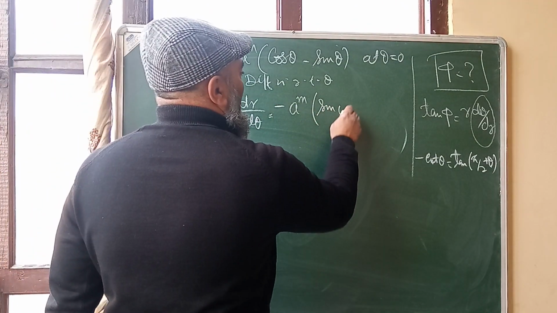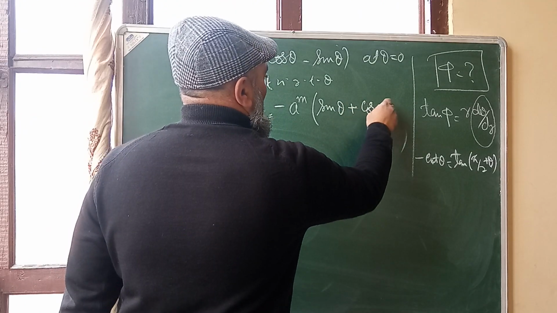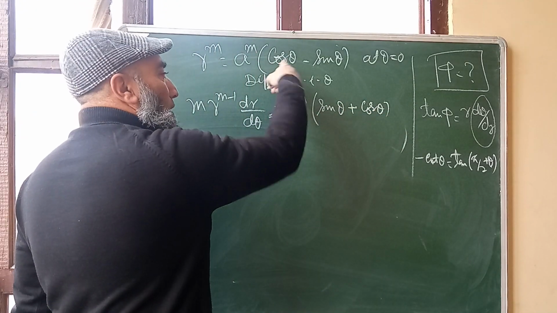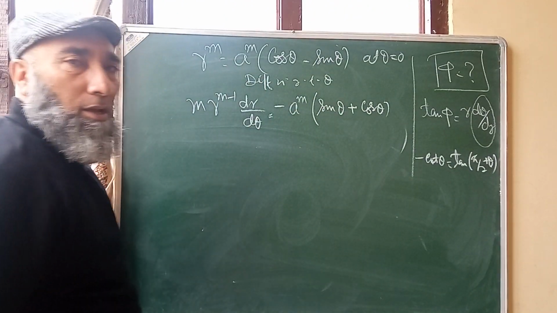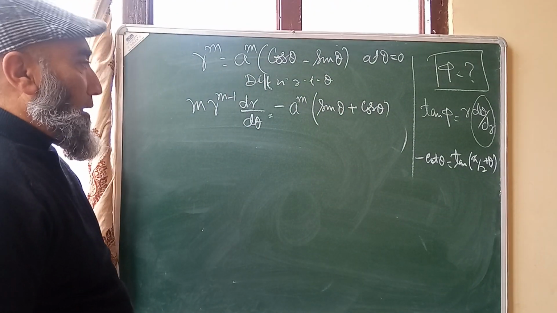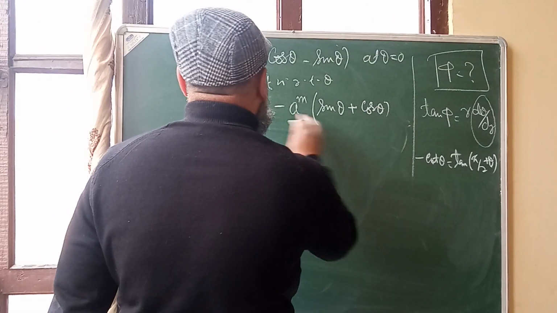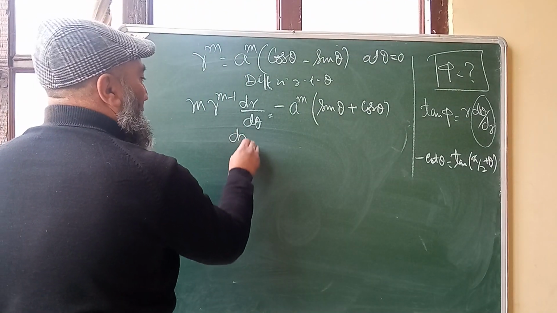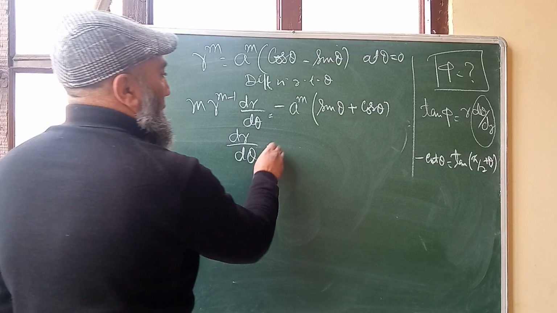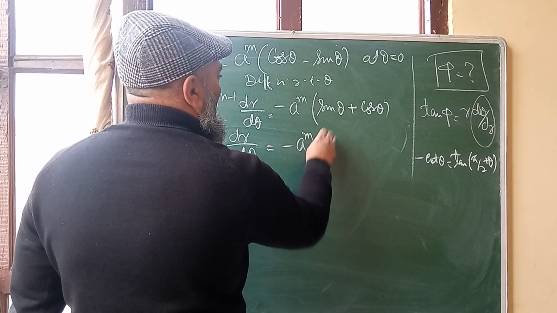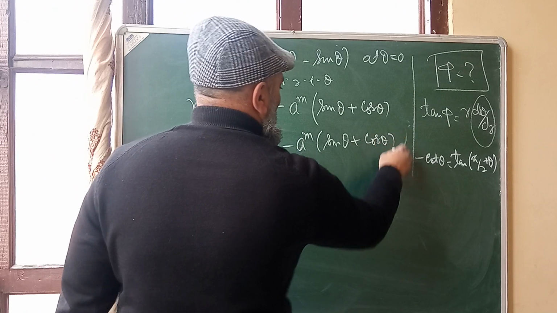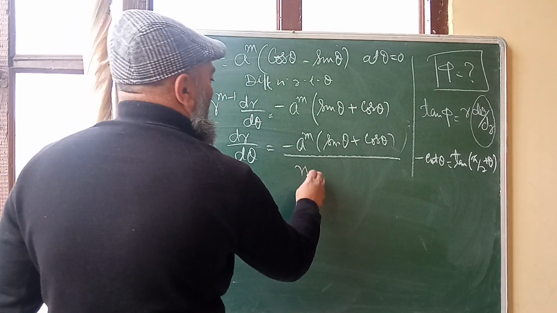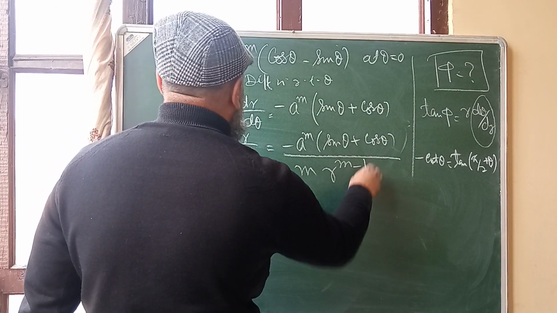You see, the differential of cos is minus sine, and that of sine is minus cos. So minus I have taken already outside the bracket. So dr by d theta is minus a to the power m times sine theta plus cos theta, divided by m r to the power m minus 1.